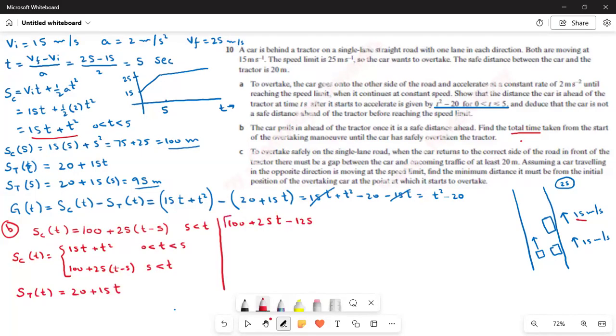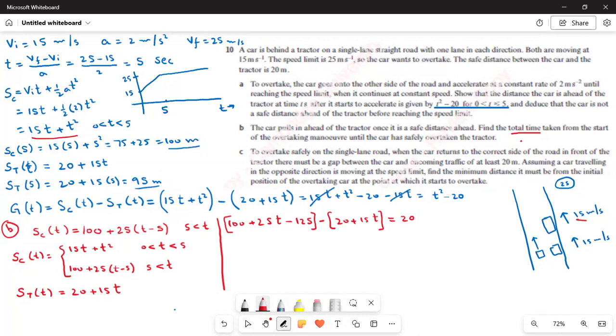So this is the distance traveled by the car minus the distance traveled by the tractor, and that is 20 plus 15t. So when this gap is equal to 20 meters, that's the time when it will overtake and come back to its own lane, right?